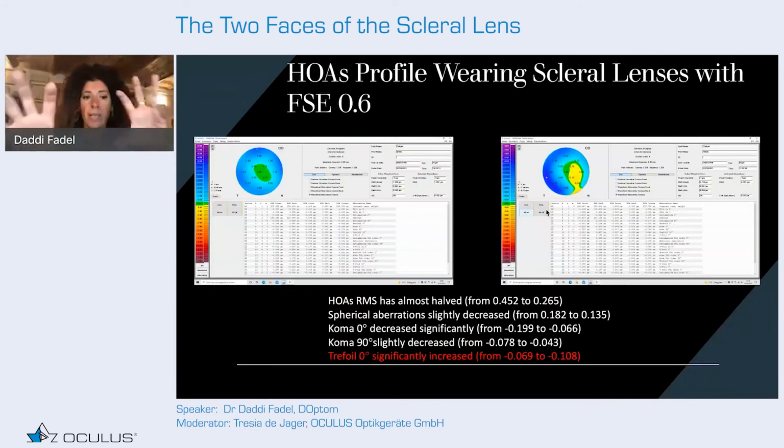Here we can see the results of the high order aberration. We have the comparison between the baseline and with the lens applied on the eye. The RMS has almost halved. Spherical aberration and vertical coma slightly decreased also, and horizontal coma decreased significantly, while trefoil significantly increased in this case.